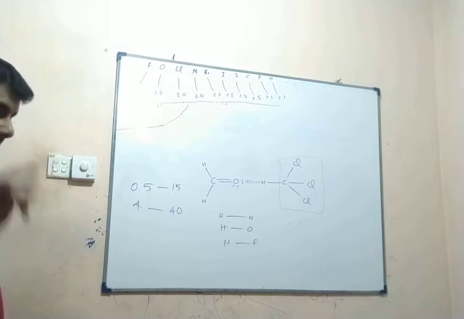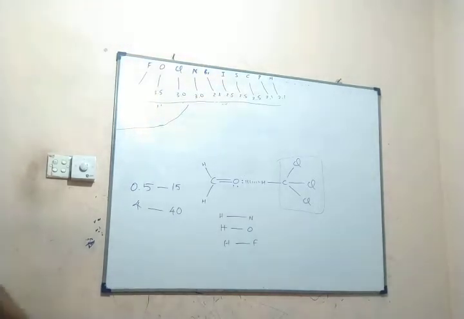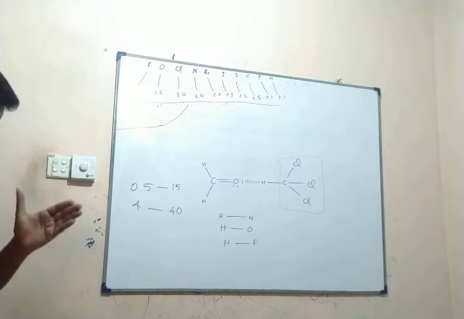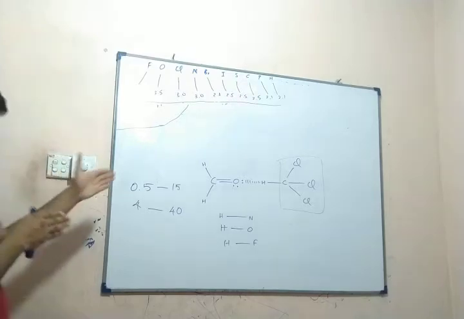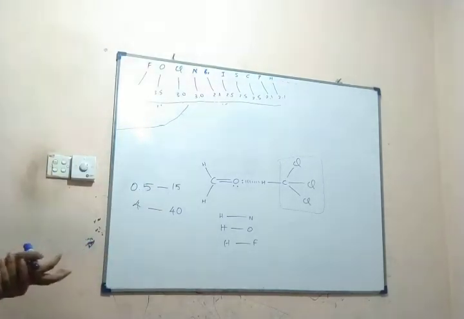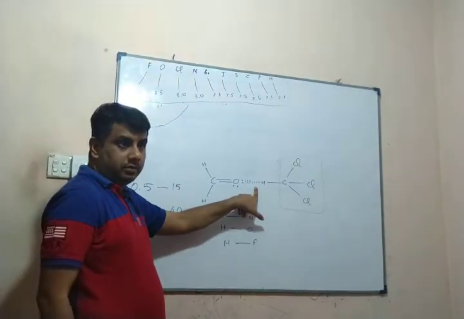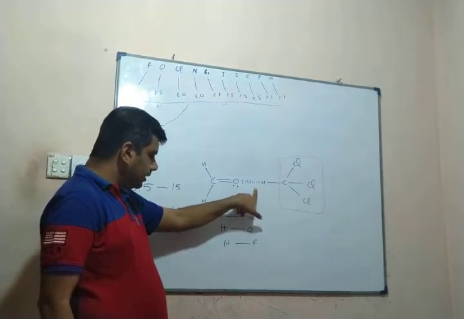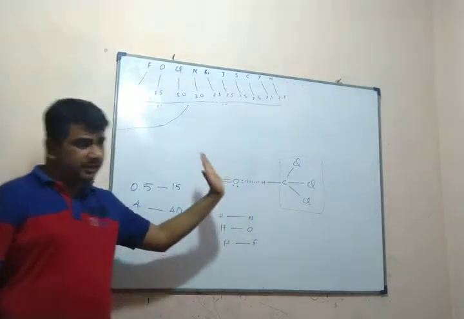So you should remember it's a little bit difficult to define a hydrogen bond. The definition should be based on the bond energy. Here the energy of this attraction is more than 15, I think 20, more than 24, like that.